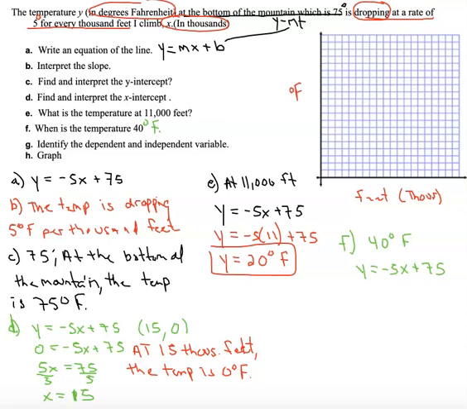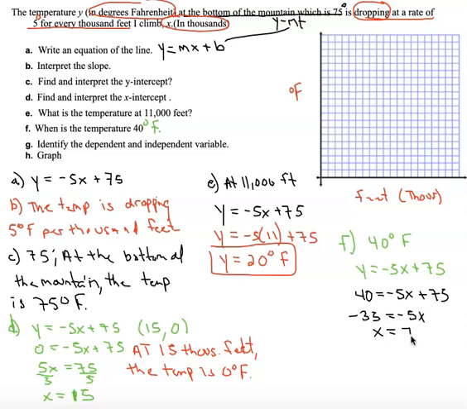40 degrees, is that an x coordinate or is that a y coordinate? Degrees Fahrenheit, is that your x or your y? Yeah, it's your y value, so I'm going to substitute in 40 for y. So 40 equals negative 5x plus 75. And then you just have a two-step equation. Subtract 75 from both sides. You get negative 35 equals negative 5x.